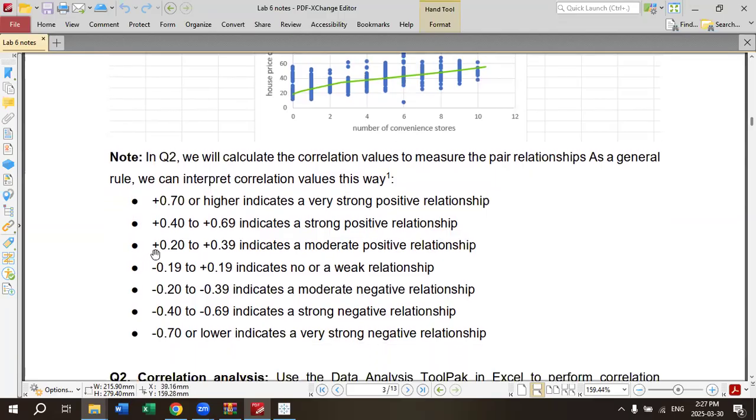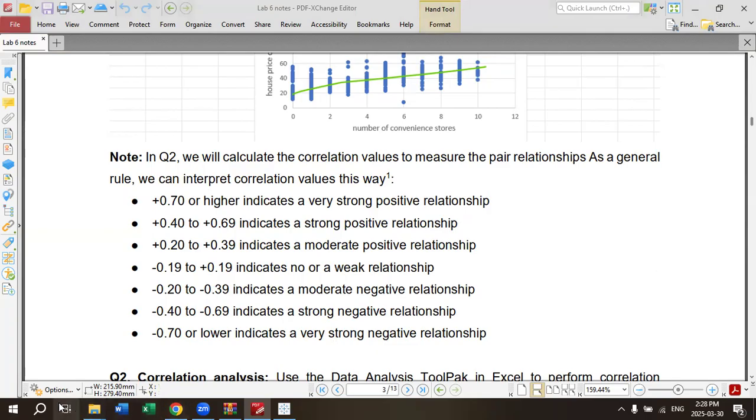In fact, anywhere from 70% and up is a very strong relationship, and also in the other direction. So this is the definition of what is strong and what is not strong.